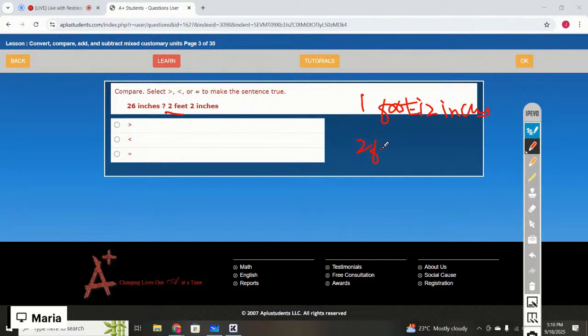So 2 feet equals 2 times 12, that is 24. You already have 2 inches over here. So 24 plus 2 makes 26 inches.